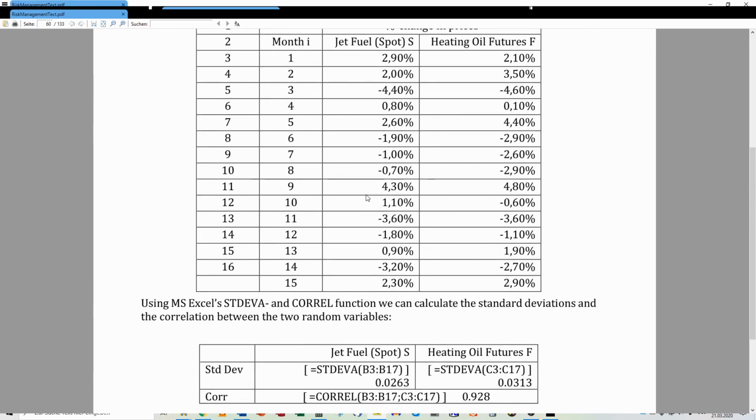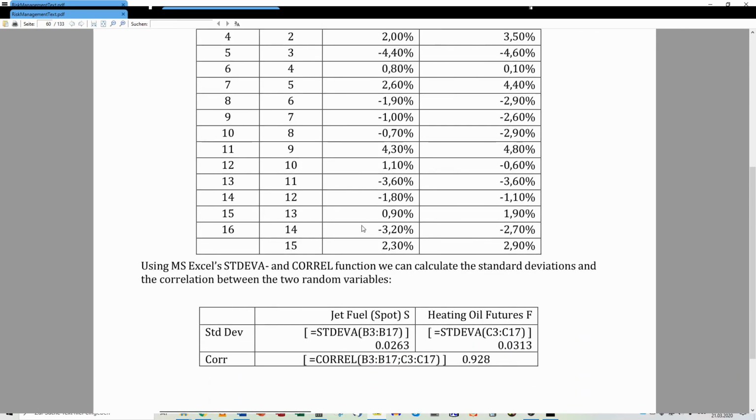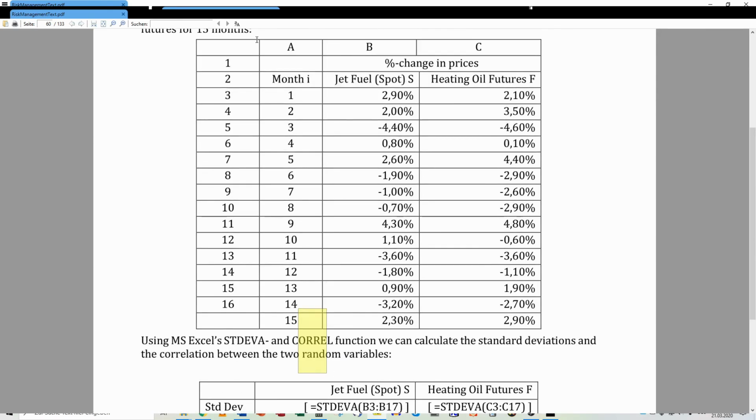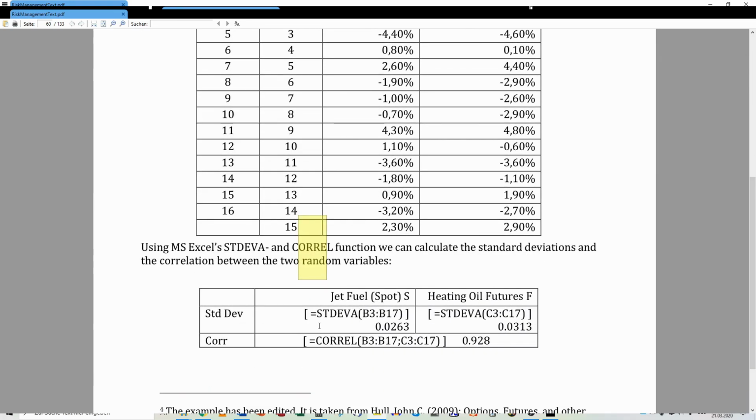Then I use Excel's functions to determine for a sample the standard deviation and the correlation coefficient. So I'm not doing this myself; I let Excel do this. Since this is taken from an Excel sheet that I prepared, we have the formula here.